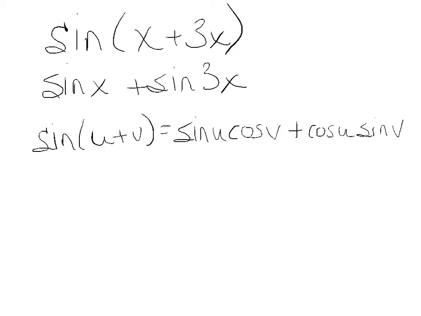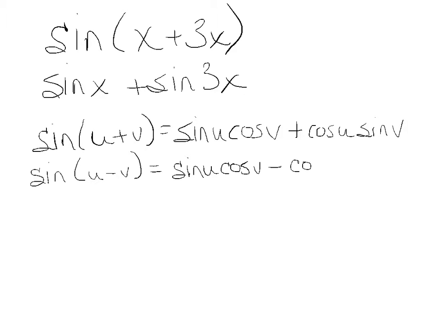The sine of u minus v, and that's what your book uses, is u and v, is the sine of u cosine v minus the cosine u sine of v. So those aren't too bad.